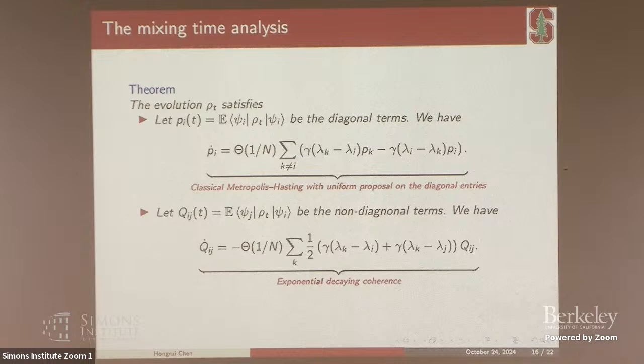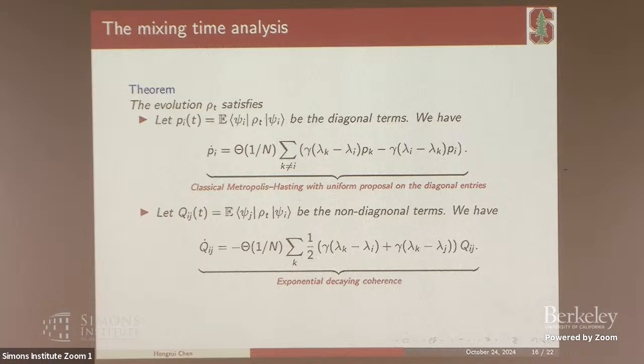So this is the continuous Markov chain. I'll describe the Metropolis-Hastings algorithm, but its discrete counterpart may be easier to understand. It follows a proposal and rejection procedure. In the proposal step, we uniformly sample, so this is a random walk on the space of all eigenstates. From any eigenstate, we randomly sample another eigenstate.